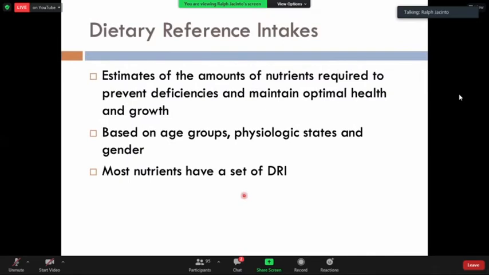Okay, now let's look at the reference intakes. These are your estimates of the amount of nutrients required to prevent deficiencies and maintain optimal health and growth. This is based on certain age groups, physiologic states, and gender.